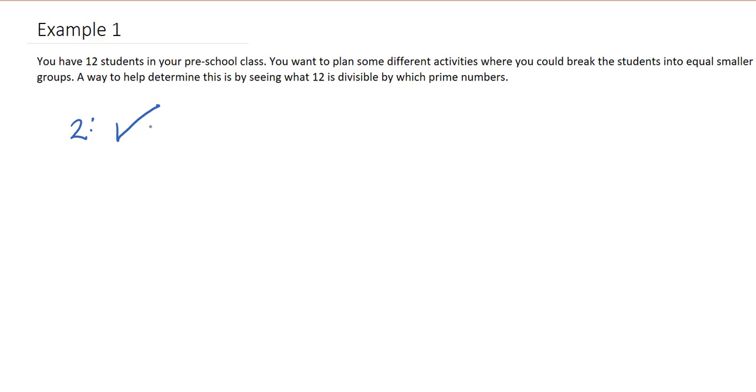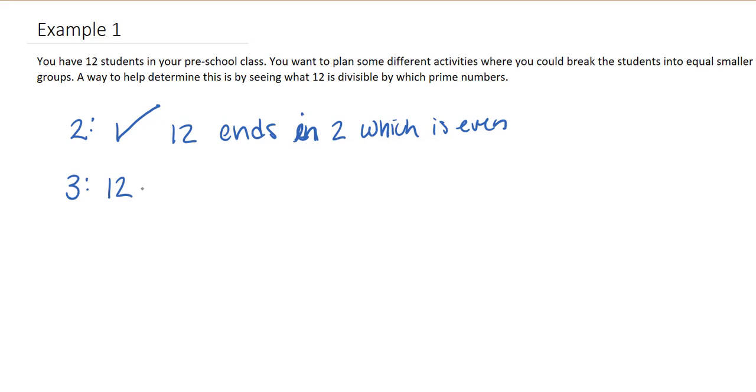So we just knew 12 ends in 2, which is even. Now 3. If we break 12 down, 1 plus 2 is equal to 3.